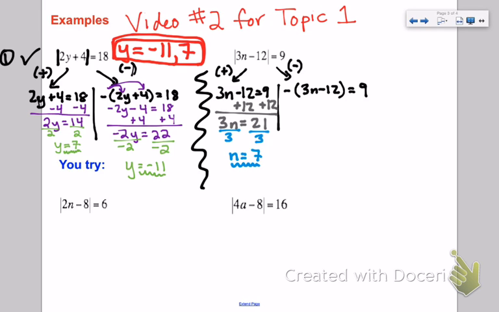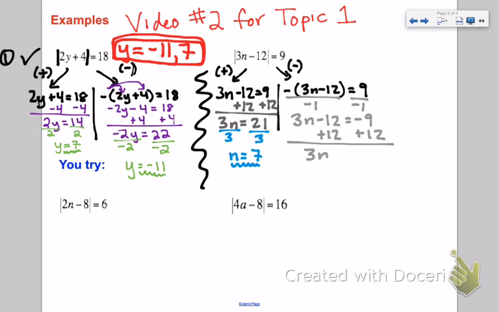Next, I am going to do my negative case. So this time, I distributed last time, this time I'm going to do it my way. Divide both sides by that negative. So you're left with 3n minus 12 equals negative 9. Now I'm going to use the opposite operation on the non-variable term.